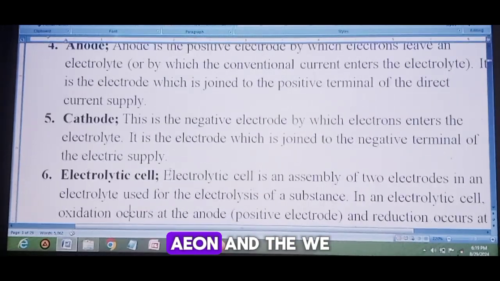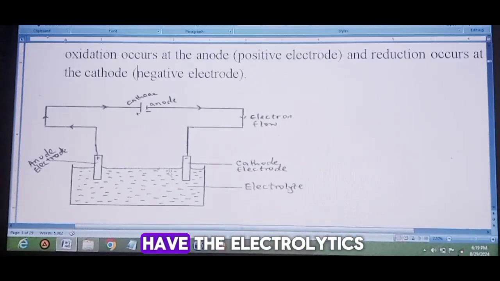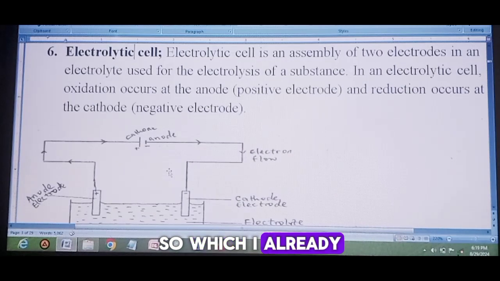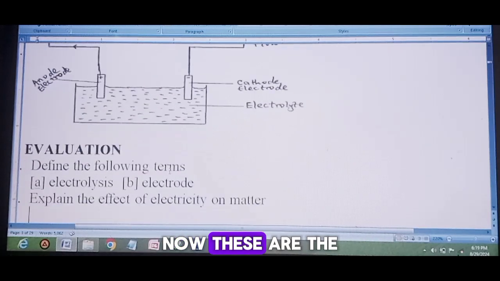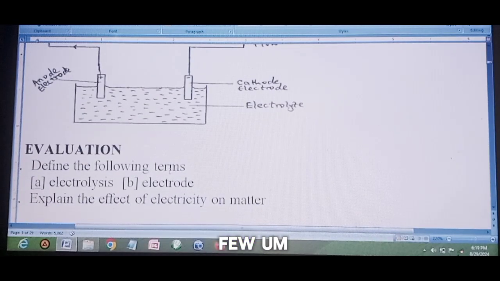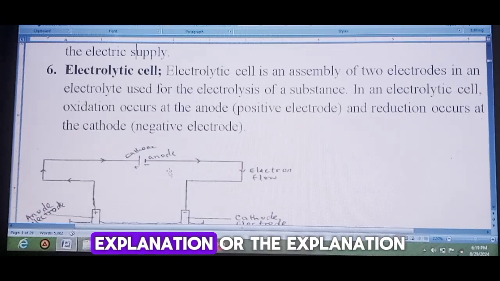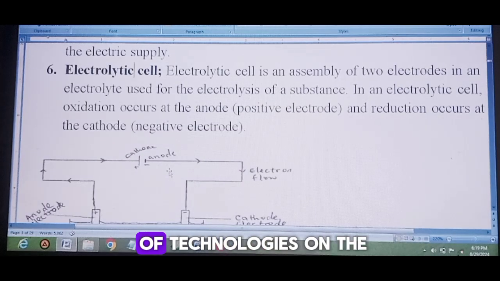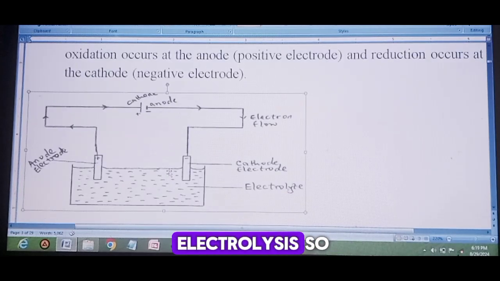Positive charge ions. And we have the electrolytic cell which I already described here. Now, these are the explanation of terminologies under electrolysis.